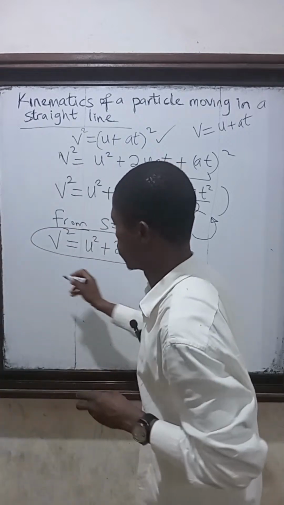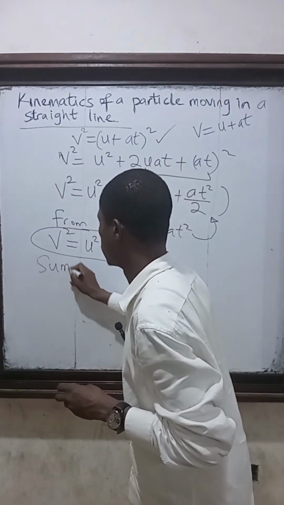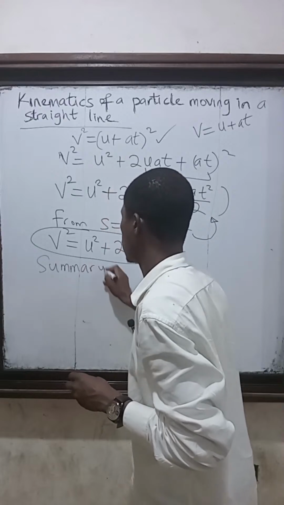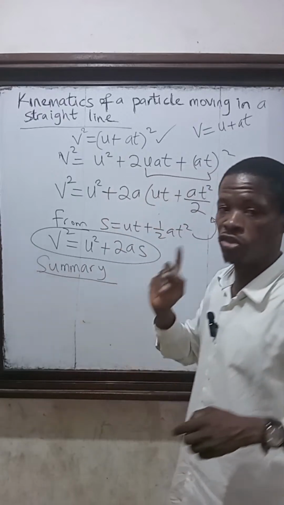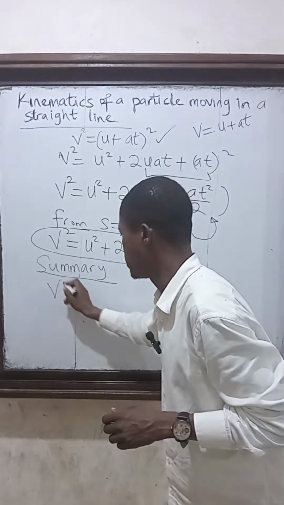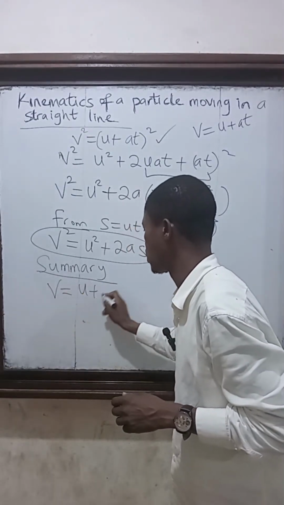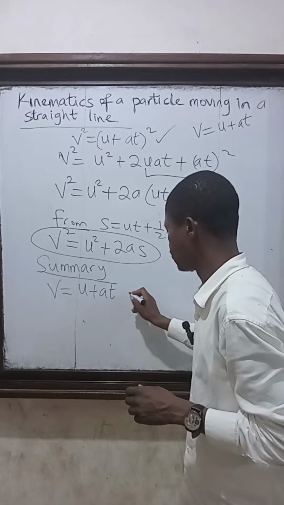So for a summary of those equations, we're able to prove that v is equal to u plus at. That's one.